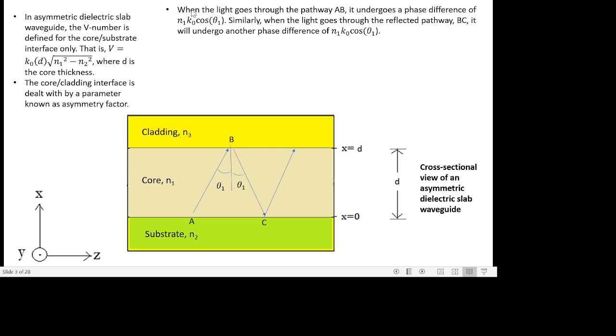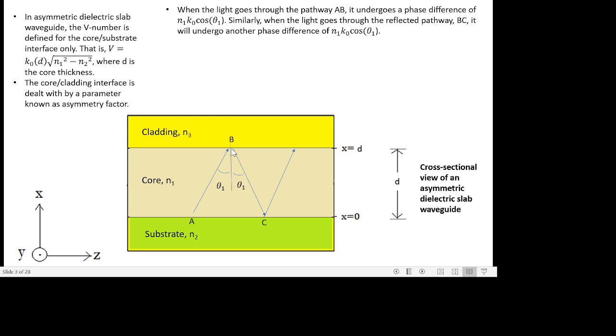Now, when the light goes through the pathway A and B, it will undergo the phase difference k times cosine beta 1. K is equal to n1 times k0. And similarly, the light going through the pathway B and C will also undergo another phase difference given by n1 times k0 times cosine of beta 1.